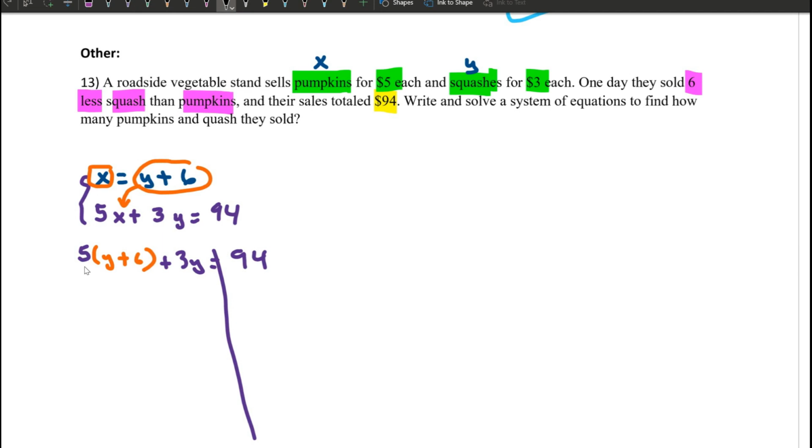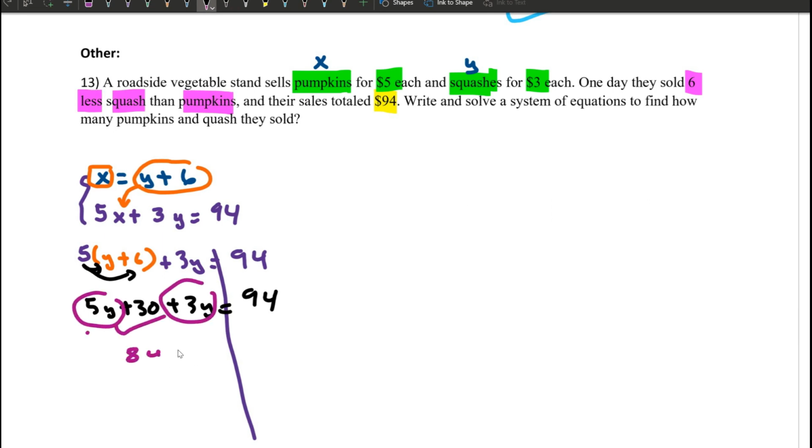Parenthesis, we're going to distribute 5 into the parenthesis. That will give you 5y plus 30 plus 3y equal to 94. Then we combine like terms. 5y and 3y will give you 8y plus 30 equal to 94. Then we subtract 30 from both sides. 8y equal to 64.